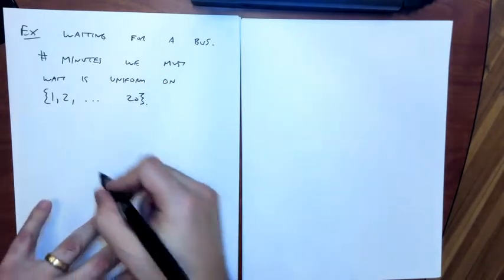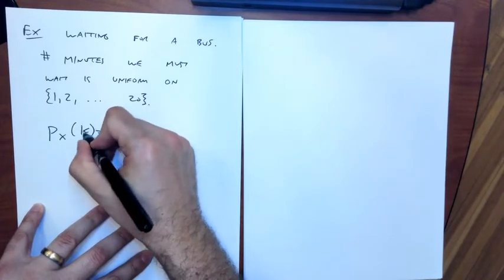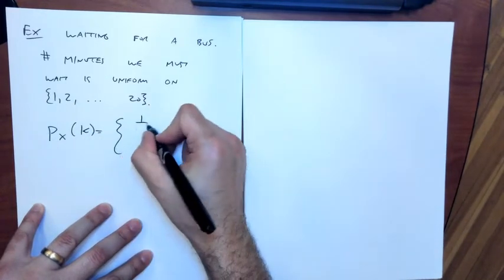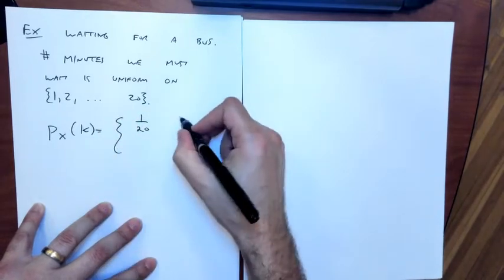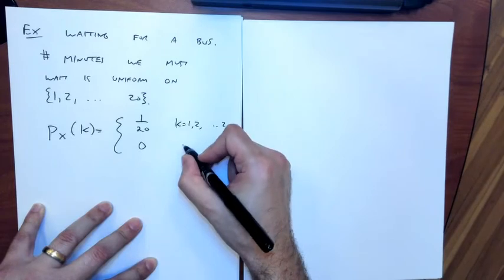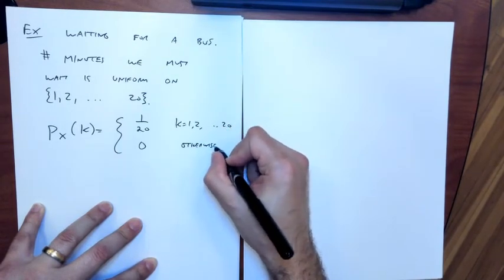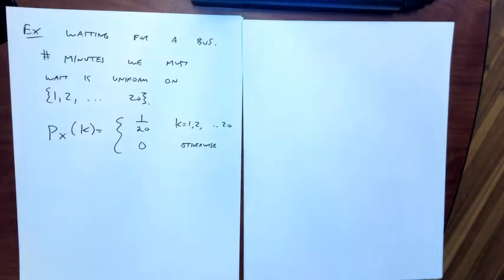So that means that the probability distribution is 1/20th for each of these possibilities and 0 otherwise. We know that has to be true because I need all the probability to add up to 1.